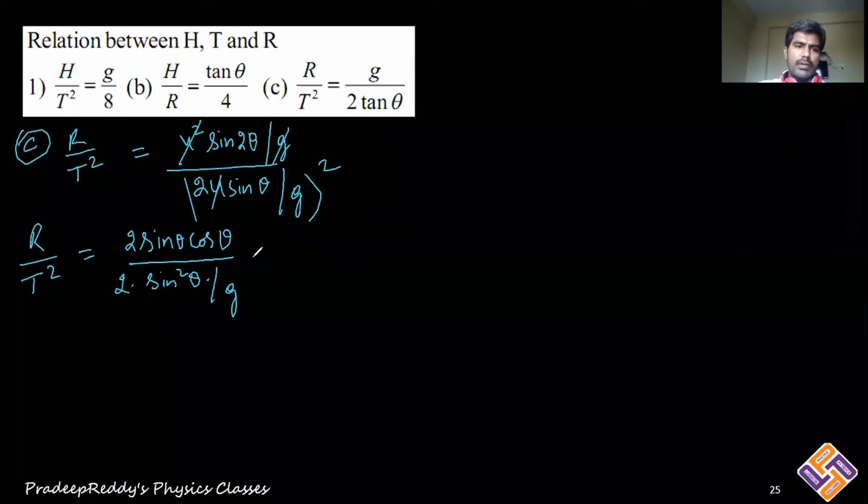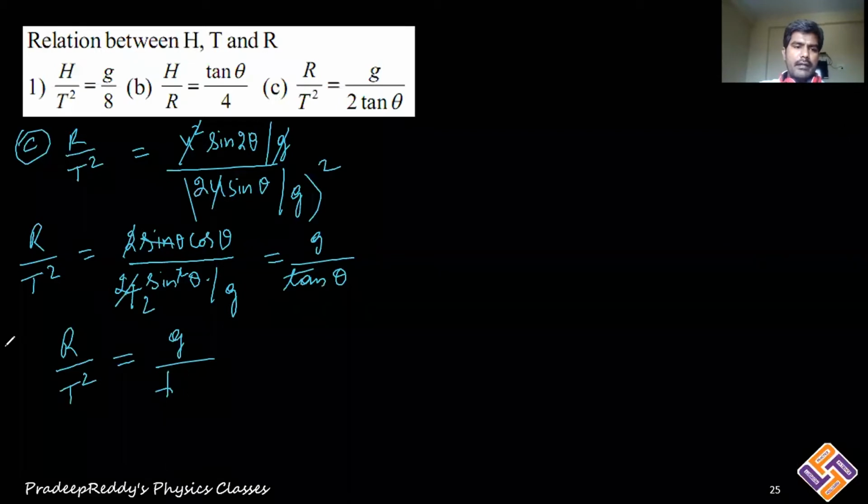So that g is left over. Sine theta and sine theta get cancelled, and 2 square becomes 4. This 2 2's 4. Finally you can write g goes to the numerator, g divided by cos theta by sin theta is tan theta. Therefore r divided by t square is equal to g divided by tan theta.